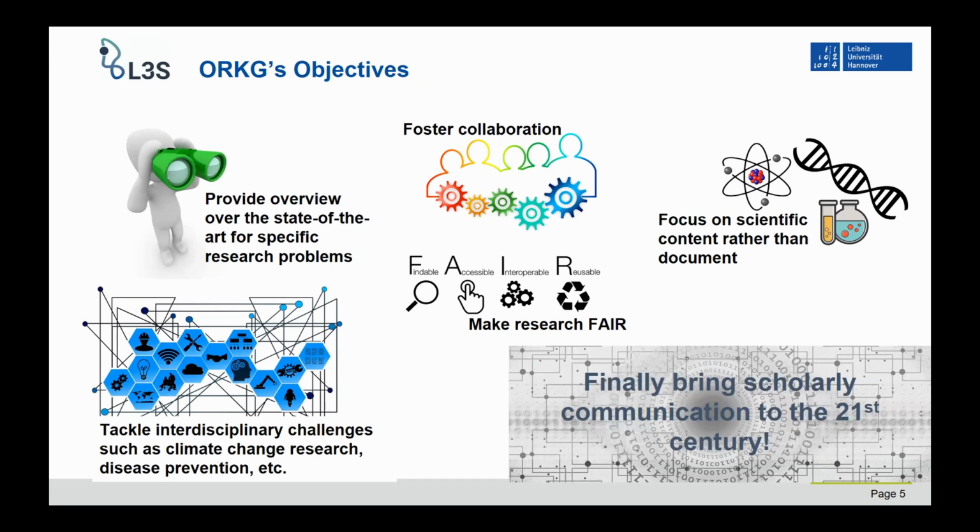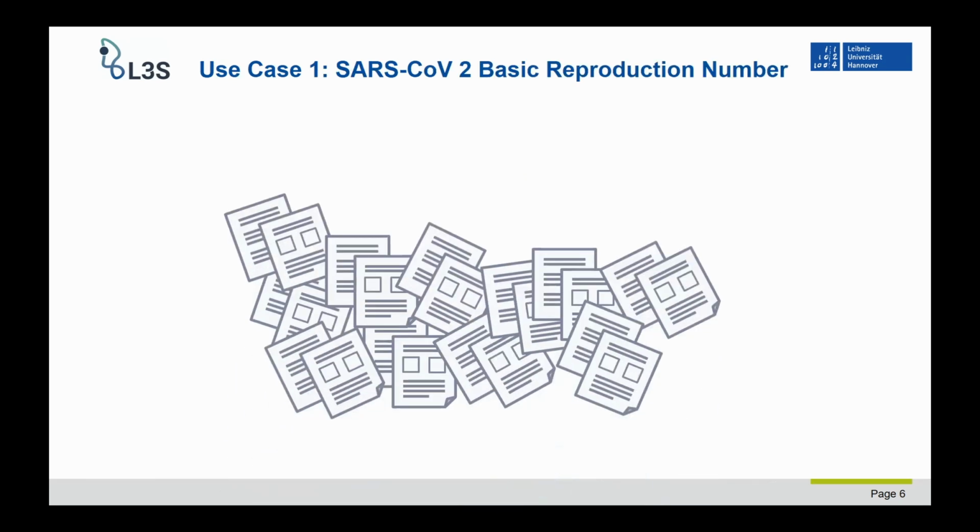To provide an overview of the state of the art for research problems, tackle interdisciplinary challenges such as climate change research, disease prevention, and so on, and also focus on having scientific content within structured representation and FAIR data. So finally, to bring scholarly communication, in a sense, to the 21st century.